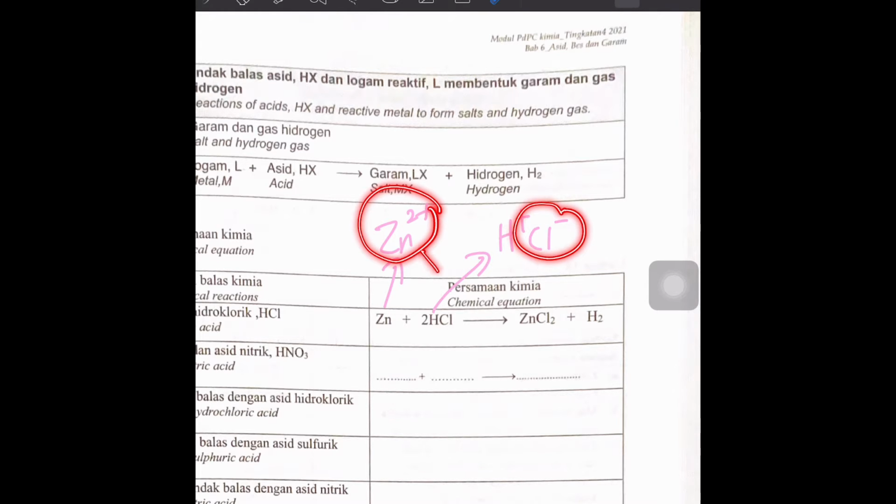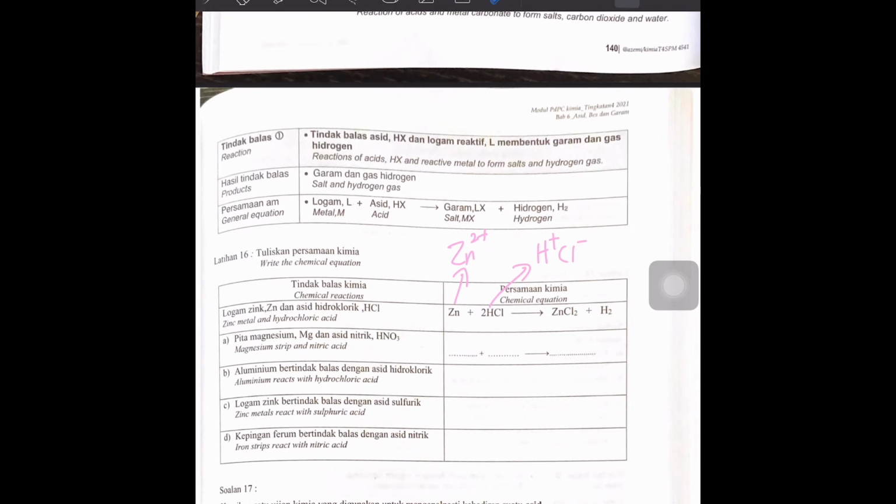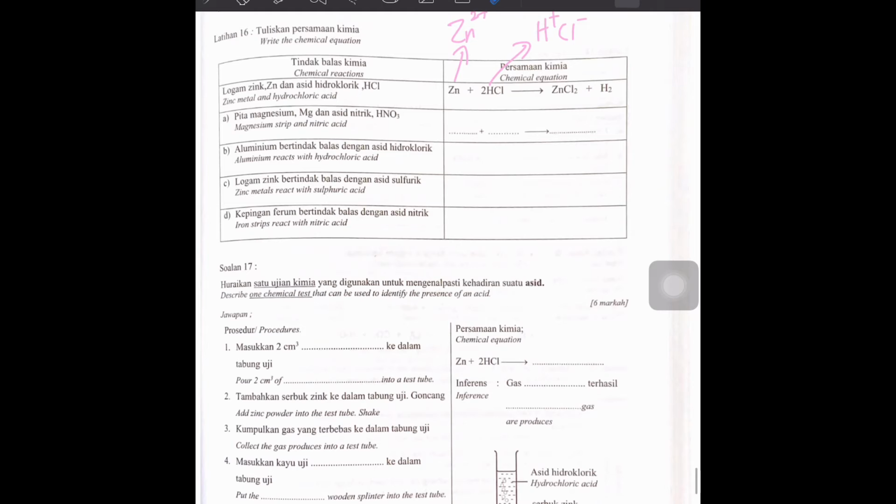So you will have ZnCl. Why are there two? Because the 2+, you drag it to the right side. And where does the H go? After the Zn and Cl react, the H is going to form hydrogen gas according to the template. Okay, so that's the first reaction of acid.